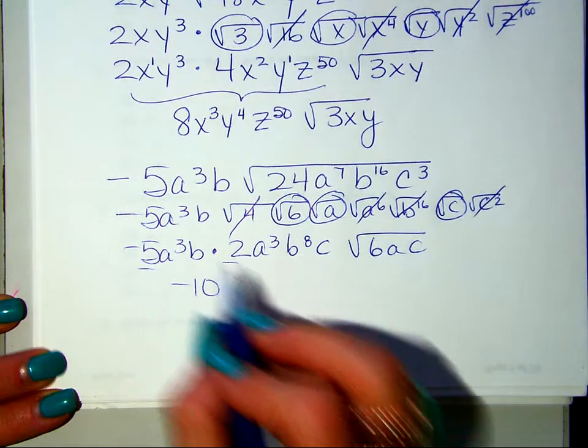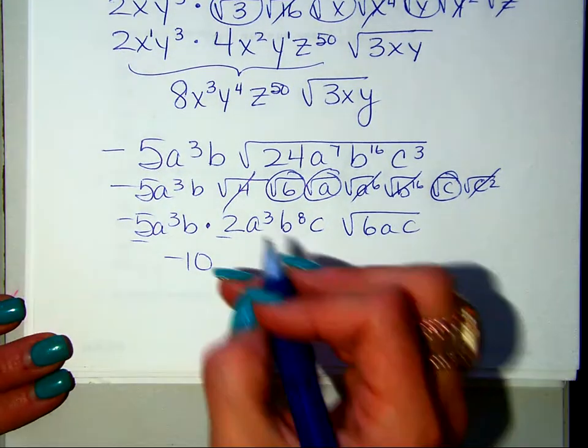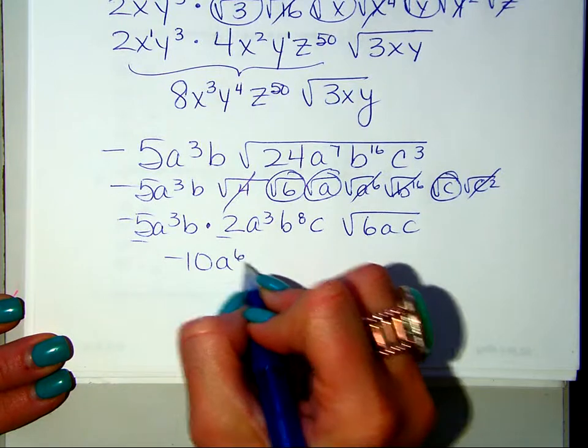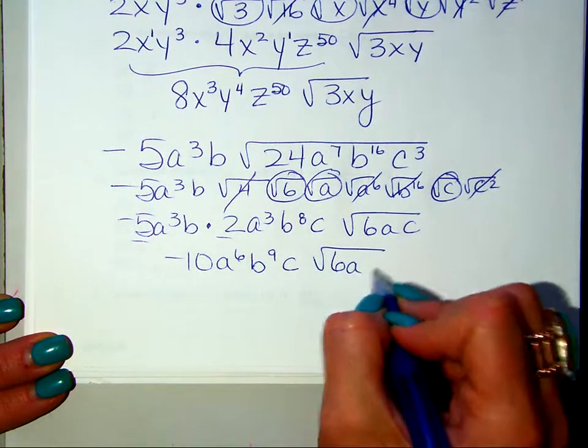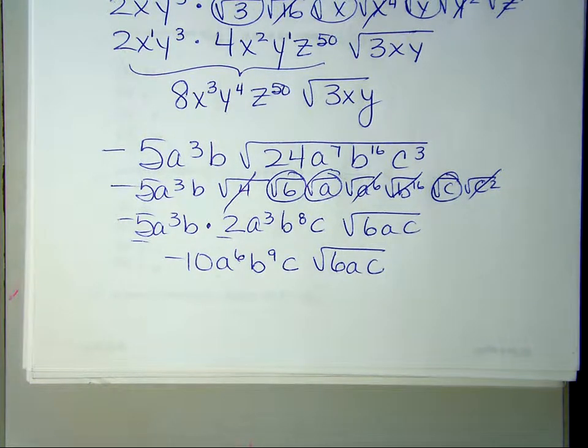I added that negative in there last minute. I don't know if you got it or not. Thumbs up. It's not that bad. It looks way more intimidating than it really is.